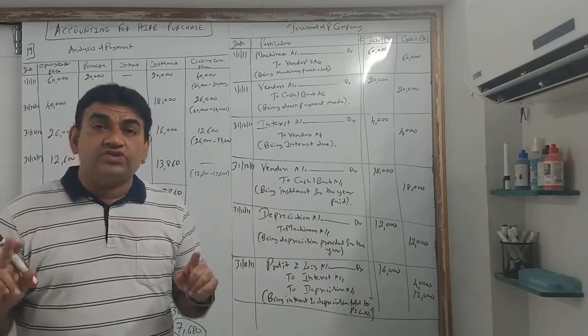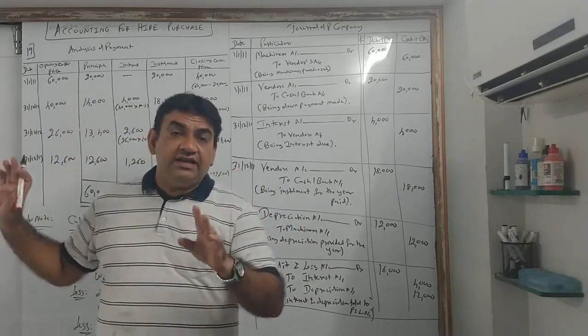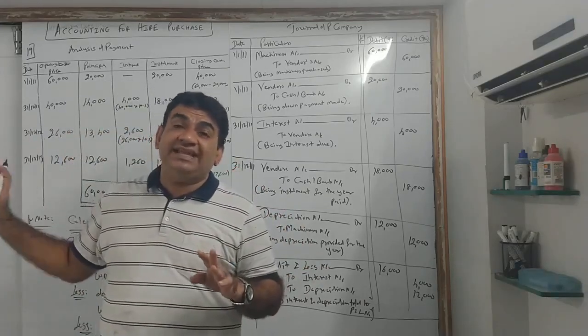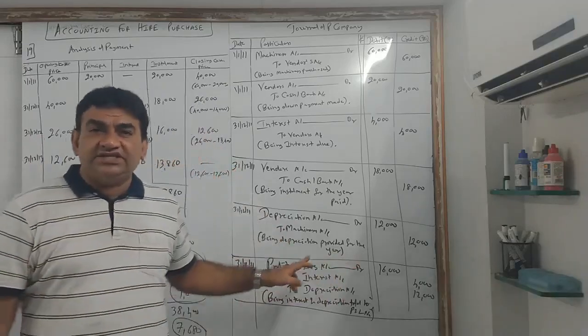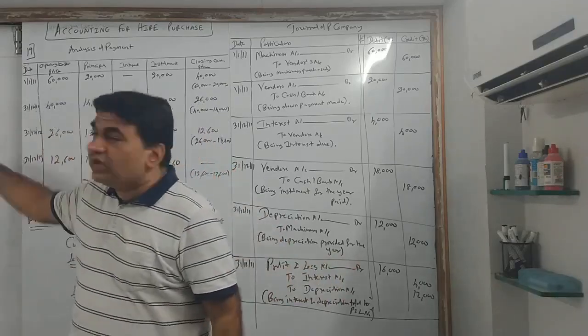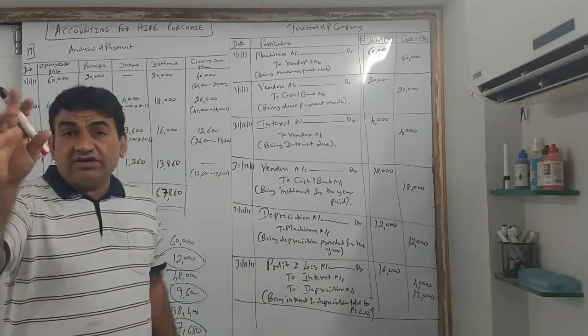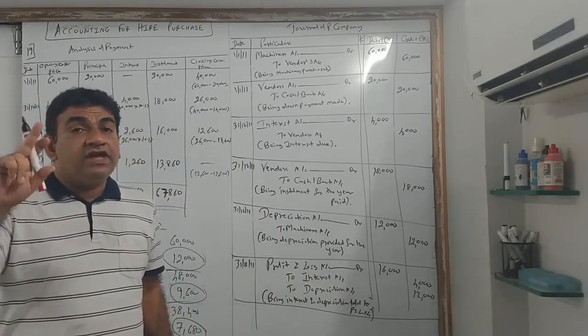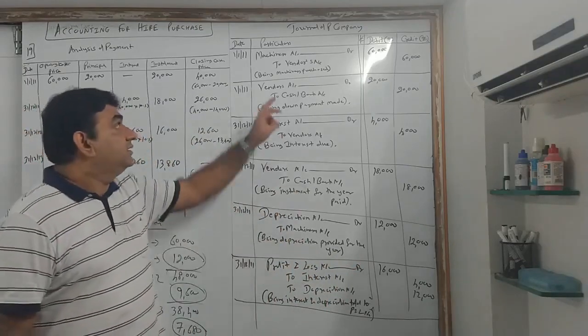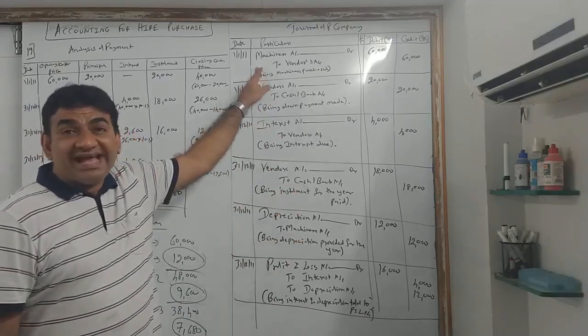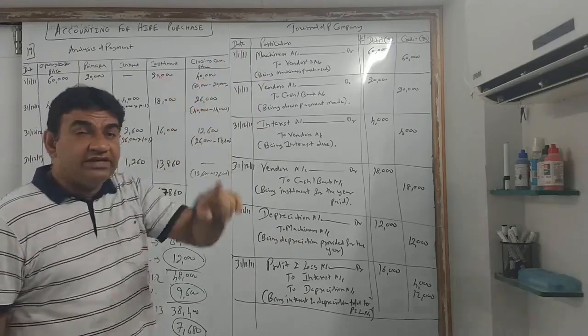Now I will change the angle. I will pass the entries for the 2nd and 3rd year without narration. Narration is the same; if space is there, I'll write the narration for the first sum. Now listen very carefully. Now we are going into the 2nd and 3rd year. Every year I am not buying the asset. The asset is bought only for 1 year.